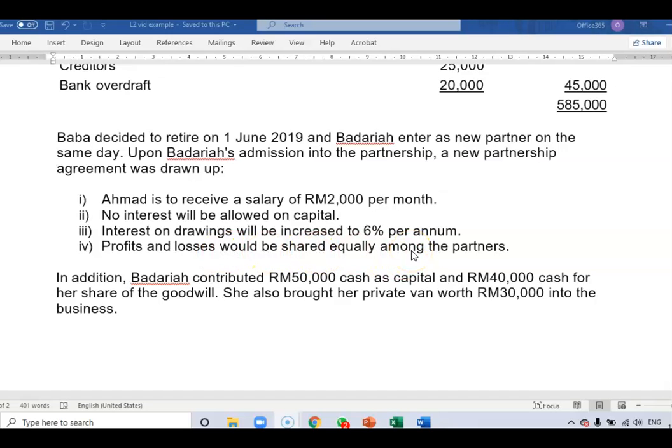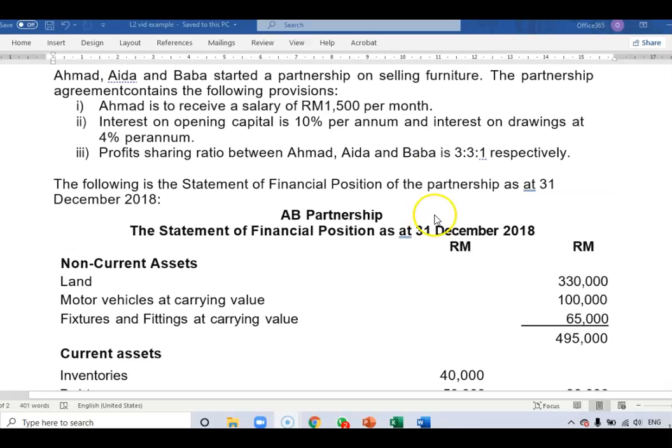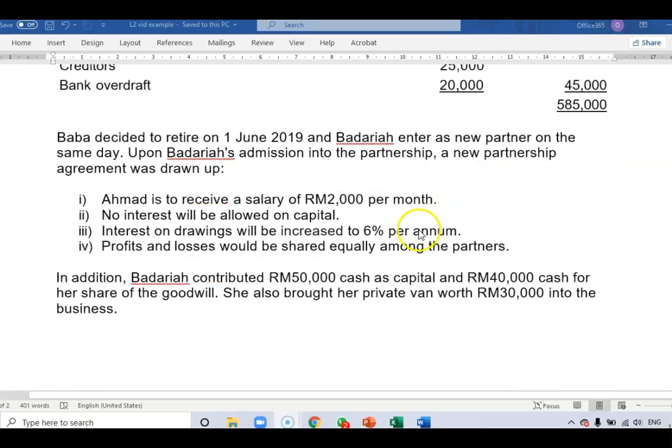Remember, just now the old profit sharing ratio is 3-3-1, which means 3 for Ahmad, 3 for Aida, and 1 for Baba. But the new profit sharing ratio is equal, so 1-1-1, one third each for the partners.